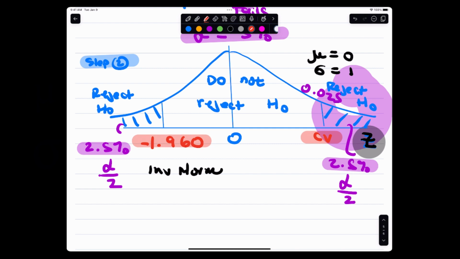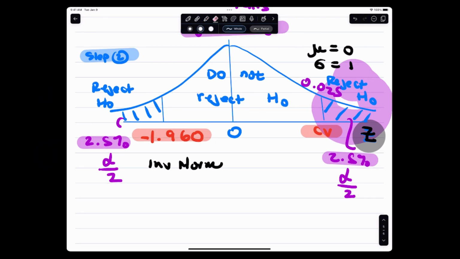But because of symmetry, what's the other value? Anybody know? What's the other critical value? It's positive 1.960. So when you have two tails, you're going to have two critical values right here.